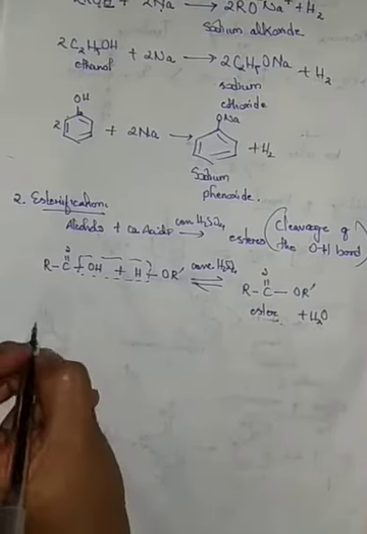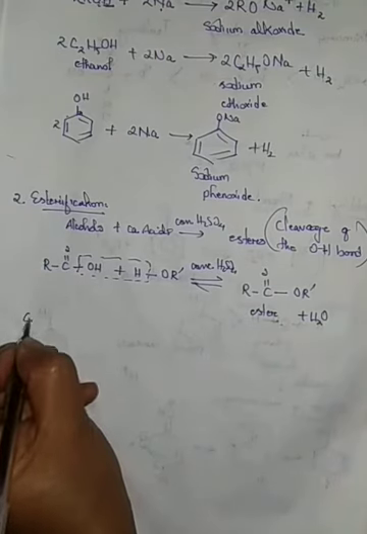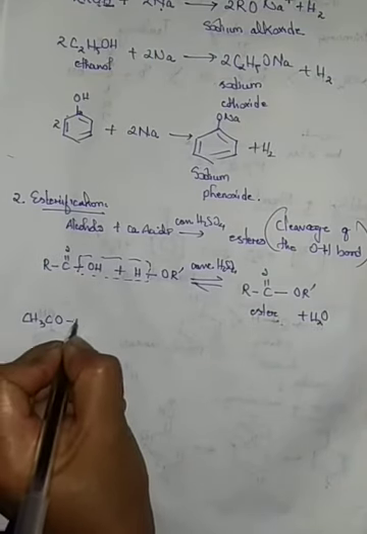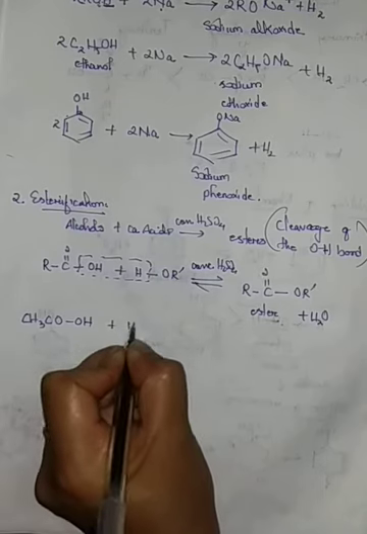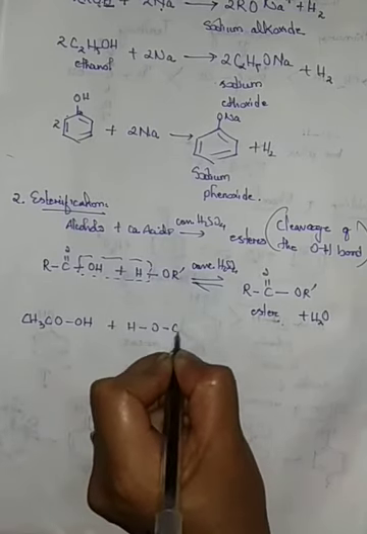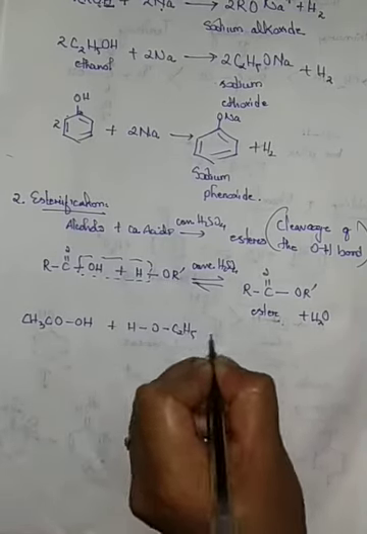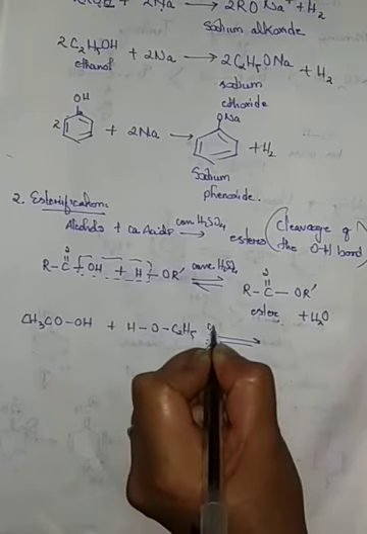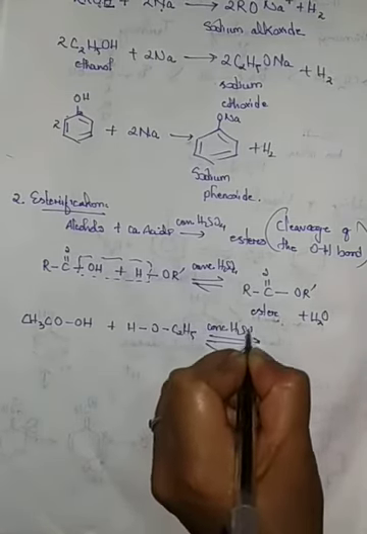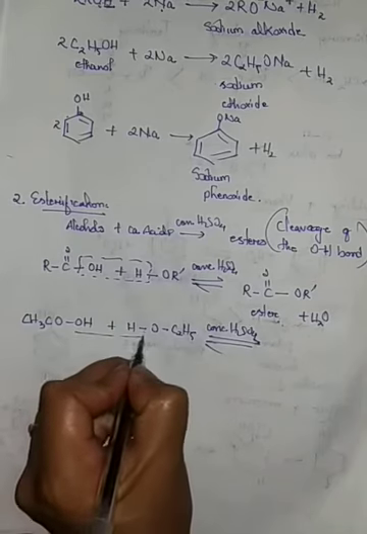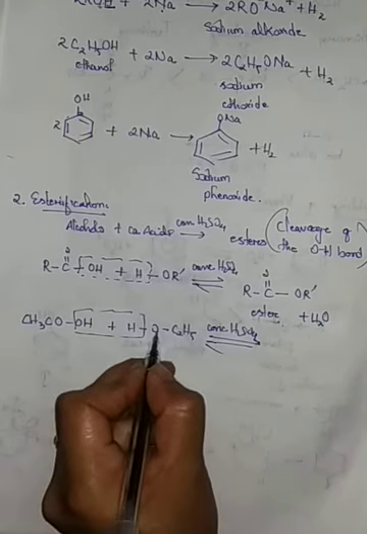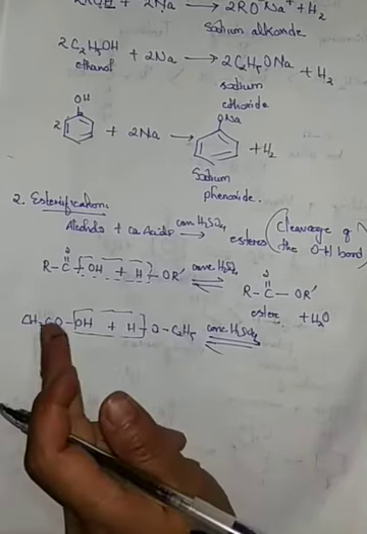Now taking an example, let's take the acid CH3COOH plus HO C2H5 in the presence of concentrated sulfuric acid. There will be cleavage of the OH bond in alcohols. That means the OH bond will cleave off.